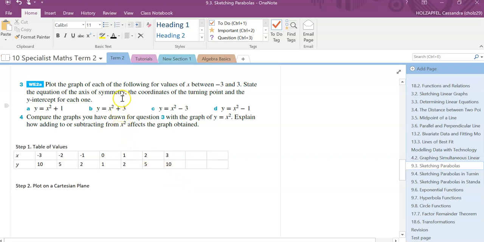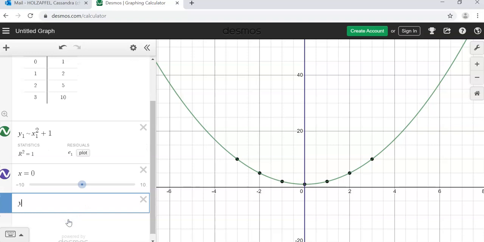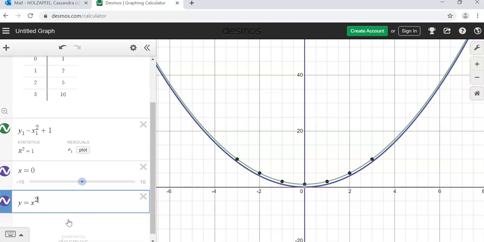Okay. State the coordinates of the turning point and the y-intercept for each one. The coordinates of this particular turning point, this is the turning point here, so that's going to be at (0, 1). And we saw before when we just had that general function y = x squared that the turning point is going to be at (0, 0). And the last question, I think, was the y-intercept.